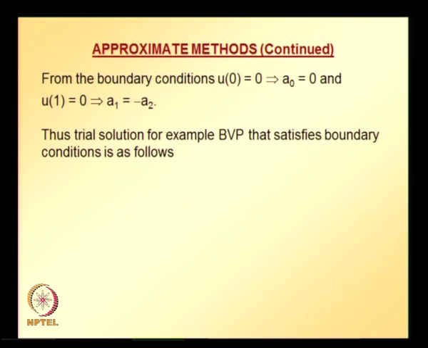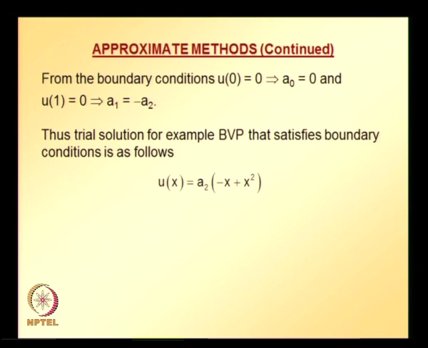Substituting this information into the quadratic trial solution, a naught plus a 1 x plus a 2 x square, we get this. So this is an admissible trial solution. So we can substitute this into the residual.